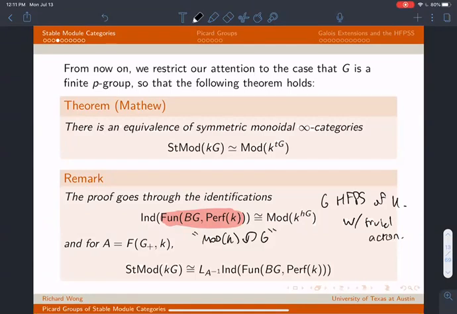So you might see how this is related to the stable module category. And it turns out if you localize away from this algebra, the G dual of k, this localization is the same as killing off the projective modules.